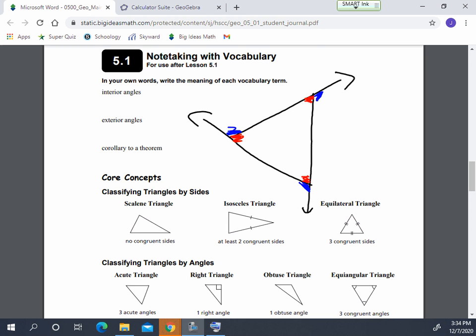Corollary to a theorem. Okay, we're erasing, we're drawing. What's a corollary to a theorem? Let's figure it out.